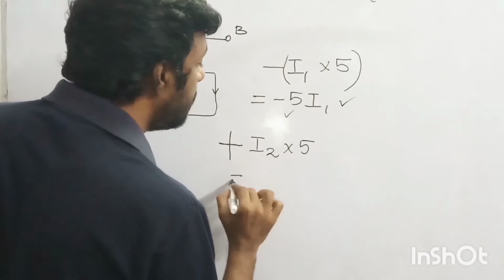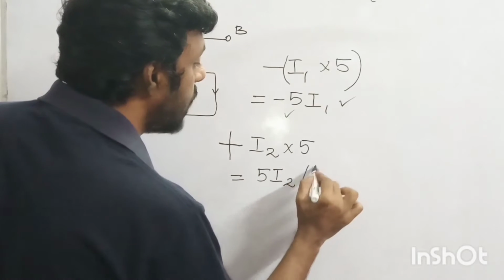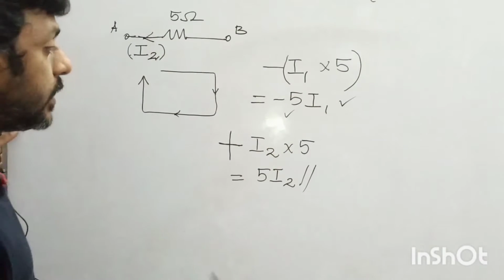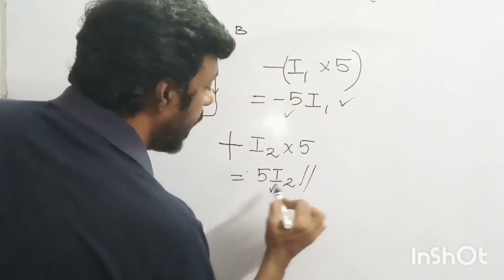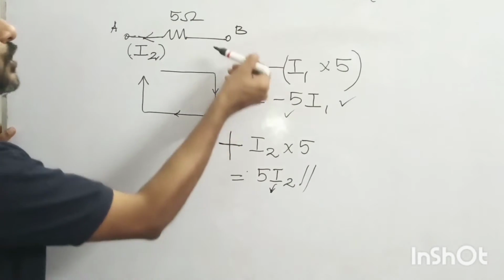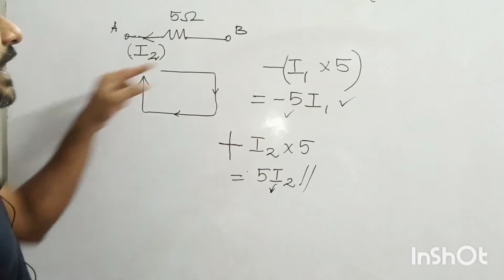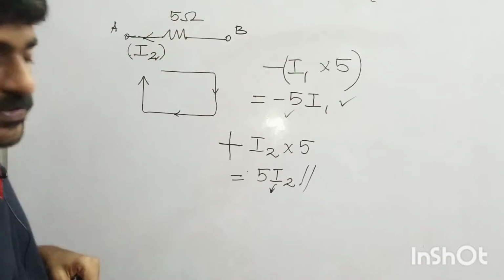So my answer will be 5I2. You got it? This positive 5I2 will happen if my direction of travel is opposite to the direction of the flow of electric current through the branch which is holding the resistor of value 5 ohms, right?